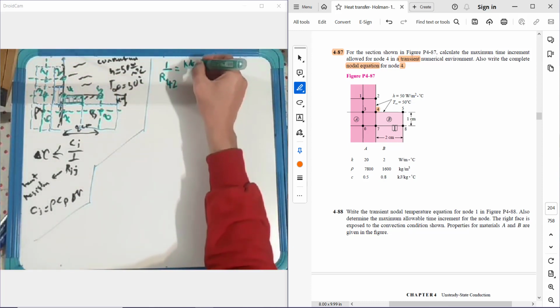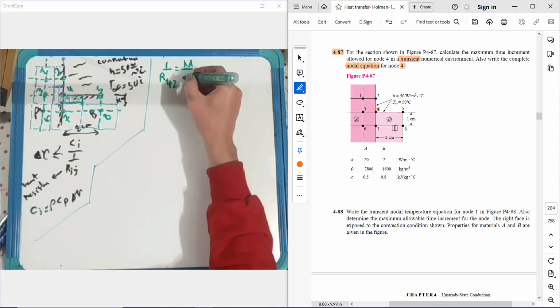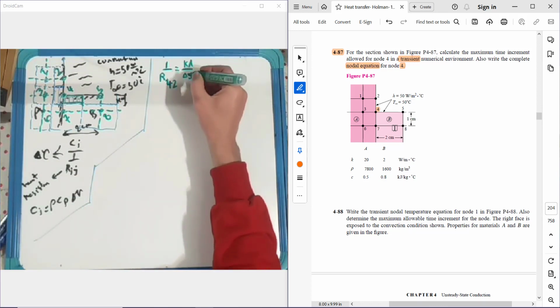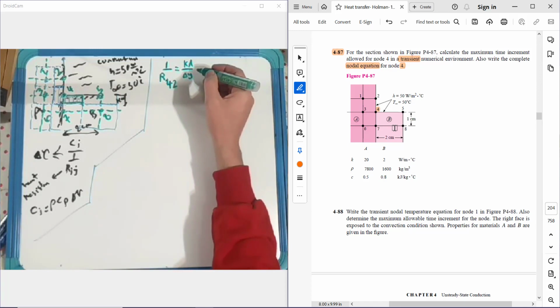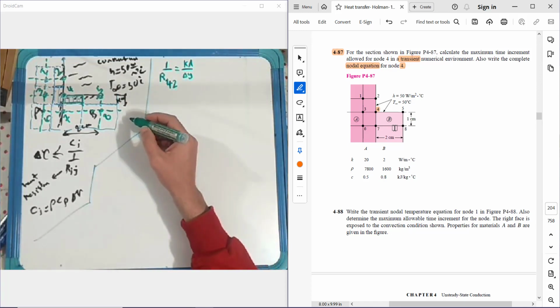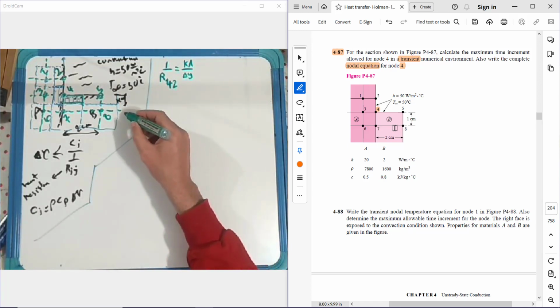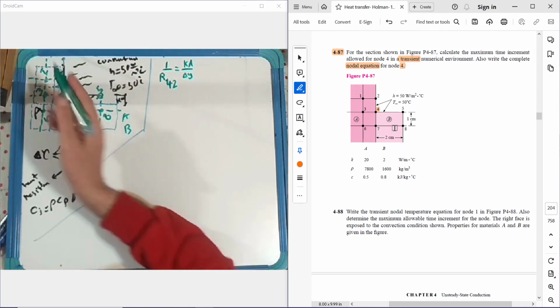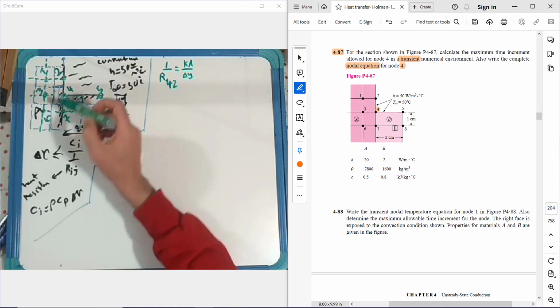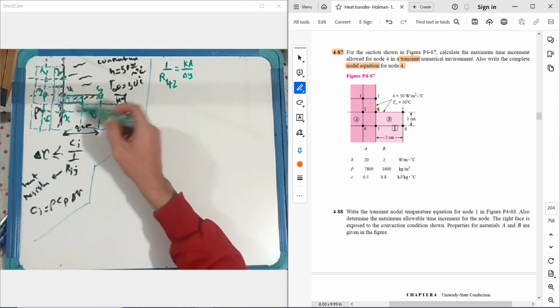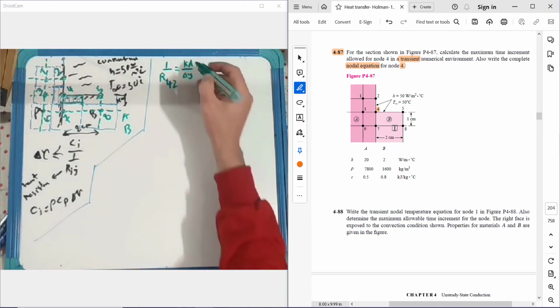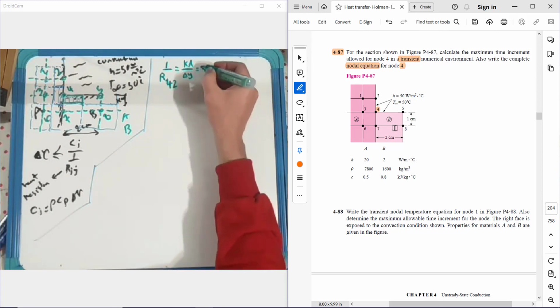What was the formula for conduction? The formula was k A over delta Y. Which k? k for material A or for material B? For material A, because here is material A and this one is material B.